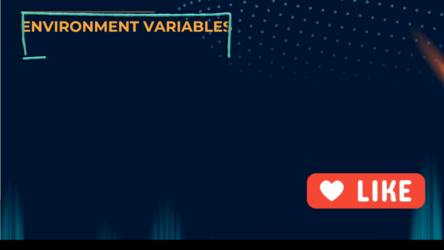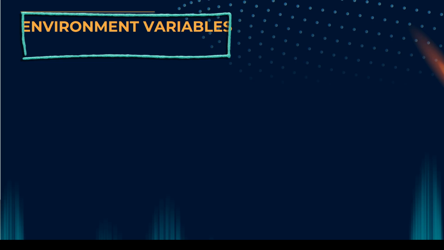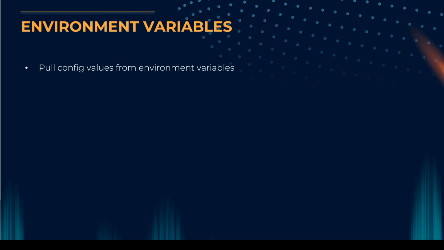So, environment variables will be used to configure our database. We will set the configuration values using environment variables inside the Docker Compose. Then we will write a bit of Python code like you saw on the previous screen to pull those values from the environment and apply them to our settings.py file.